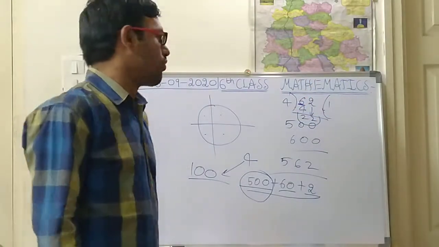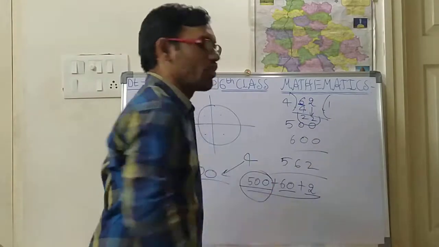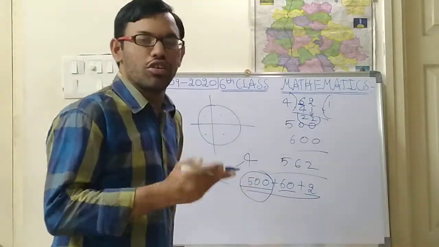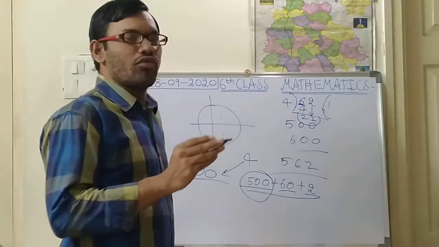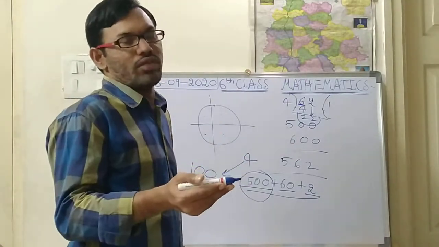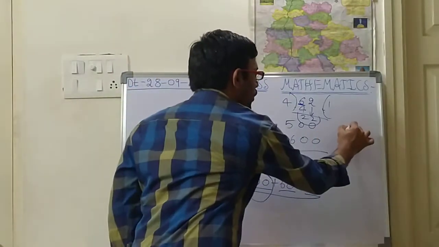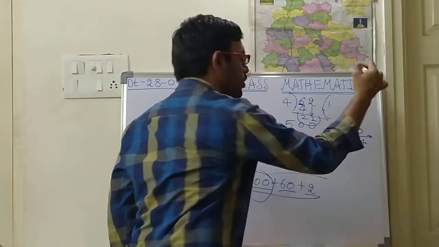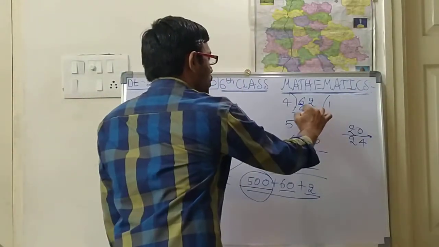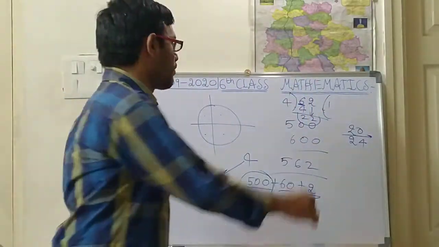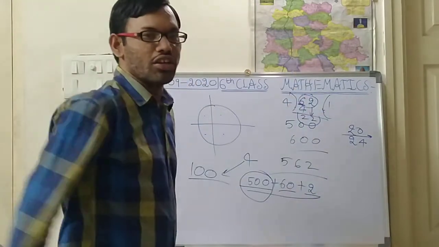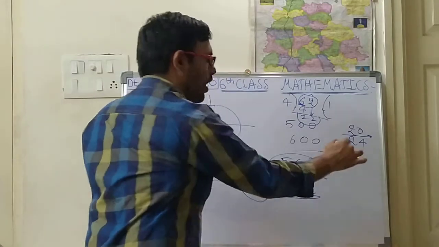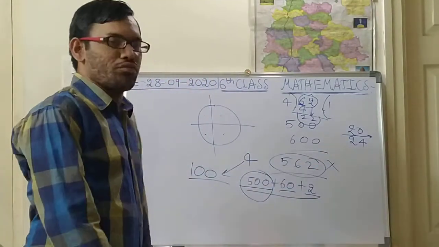No, because 22 doesn't come in the 4 table. 4 fives are 20, 4 sixes are 24, so 22 is in between 20 and 24. That's why 22 is not divisible by 4. That means 62 is not divisible by 4, so finally 562 is also not divisible by 4. Like that you are supposed to check.